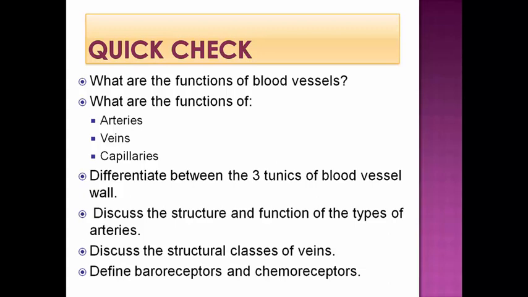We discussed the three tunics within a blood vessel wall, and then we looked at the structure and the function of those tunics and the function of the three types of arteries. We did the same thing for the veins, and then we defined finally the baroreceptors as being stretch receptors, so they detect changes in blood pressure. And again, in the carotid artery and the aorta, you find those.